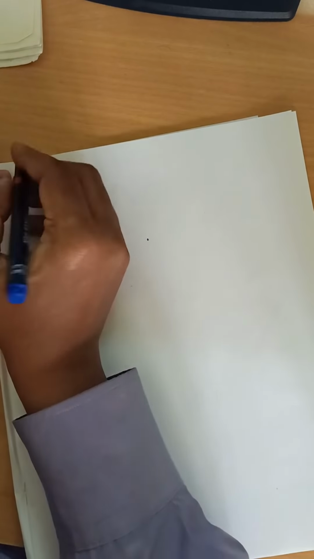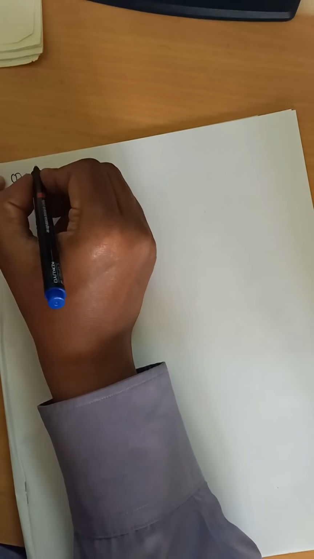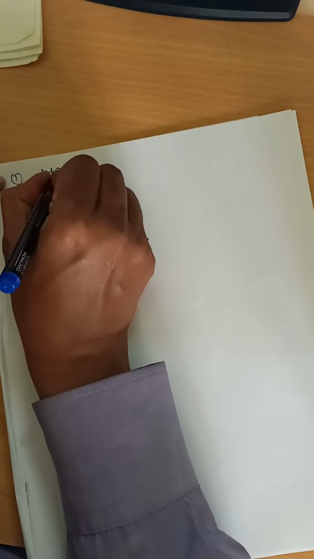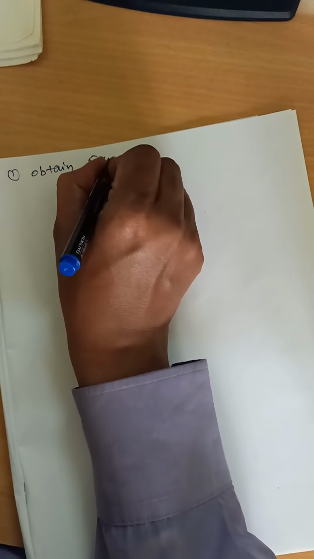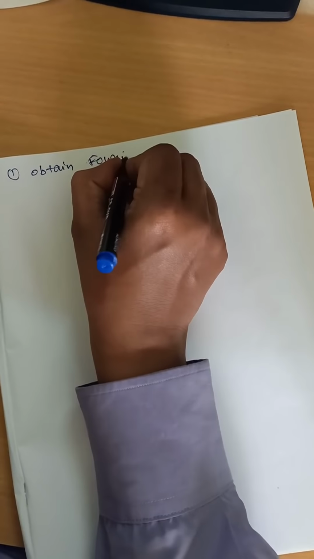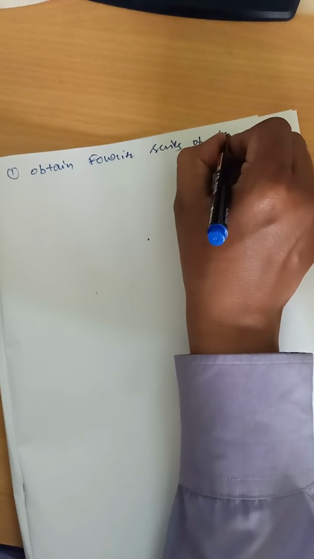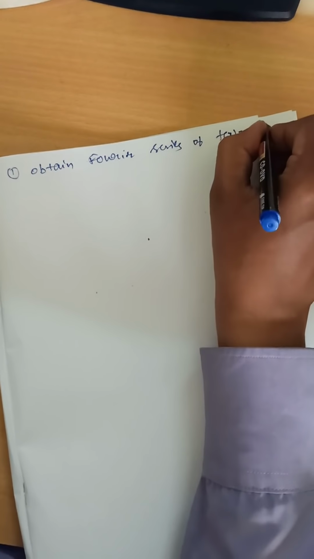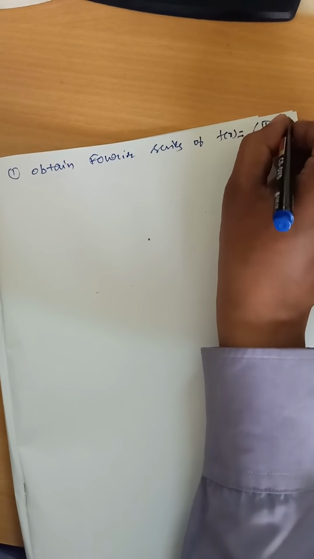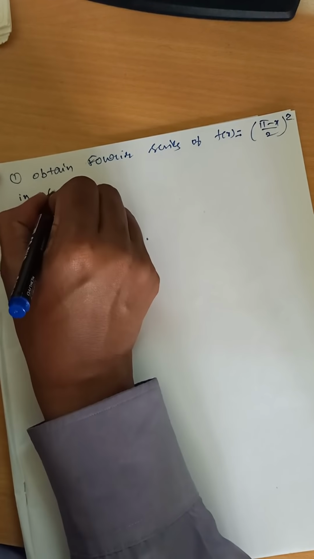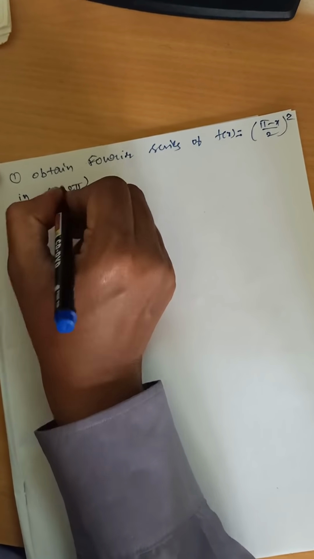Using this, we are going to find the Fourier series of f of x with respect to the interval 0 comma 2 pi. Obtain the Fourier series of f of x is equal to pi minus x by 2 whole square in 0 comma 2 pi.